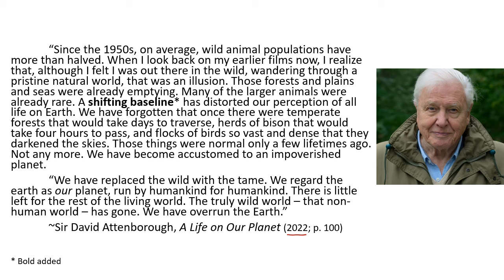So we are very used to the size of flocks of birds that we see today. If you see a flock of geese, a big flock today might be 50 geese, 100 geese. If you saw a flock of Canadian geese in the 1600s, the 1500s, 1000 AD, 2000 BC, you might see 200 geese in a flock. That's what we talk about with shifting baselines. It's when there have been changes that are relatively slow, but definitely pronounced, that you have to look over several human generations to see.